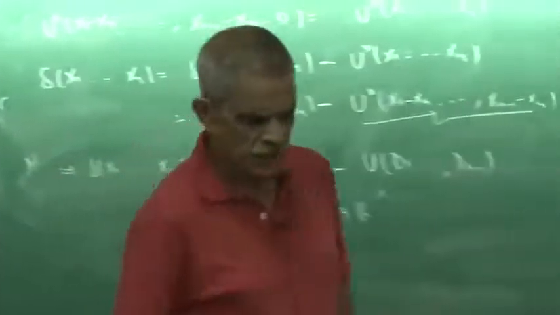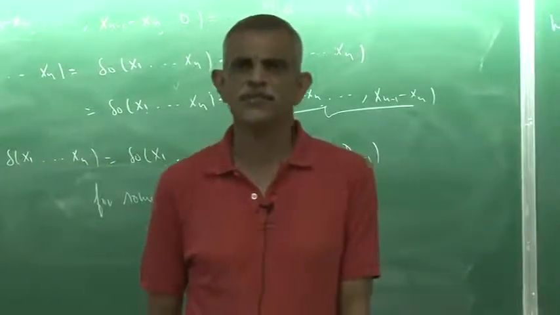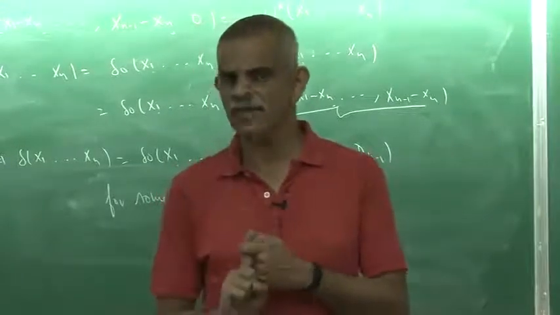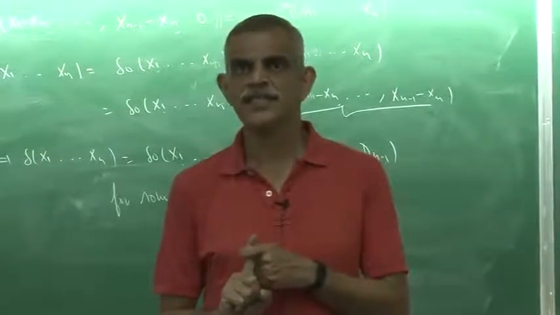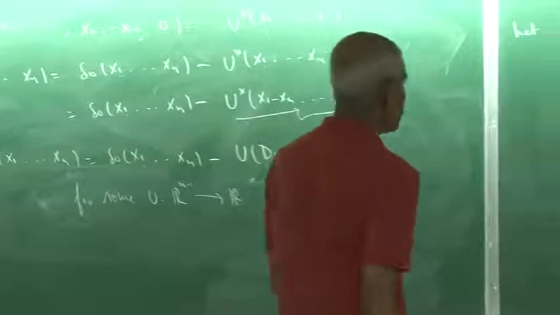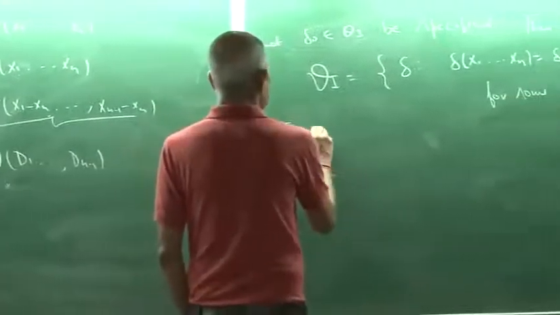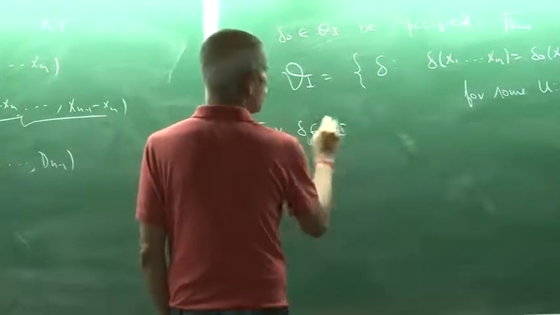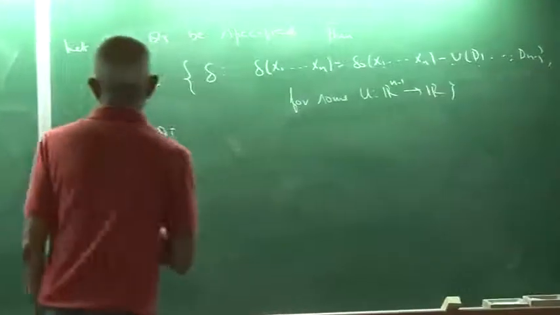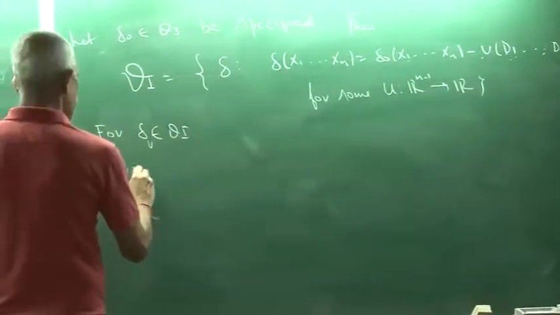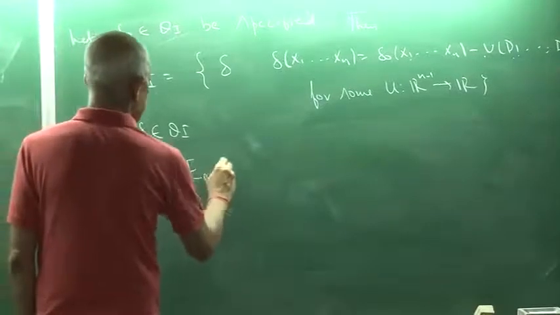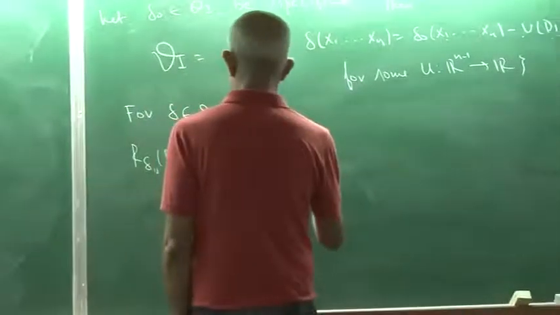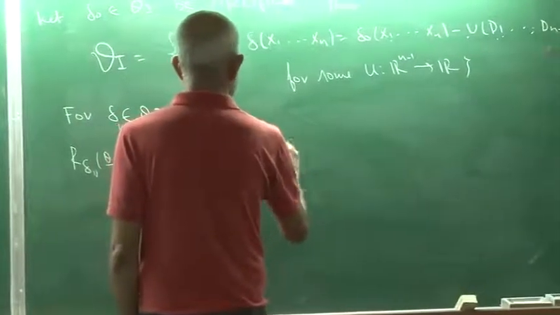Let us see how the risk of an invariant decision rule would behave. We have done a result that if G bar acts transitively on the parametric space, then the risk is not going to depend on theta. So, first let us see the risk of an estimator delta_u belonging to D_I; I call it u because it depends on which u you have chosen. R of delta_u, theta is the expected value of W of delta_u of X minus theta.